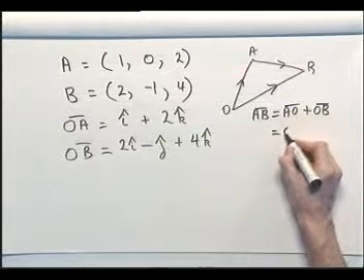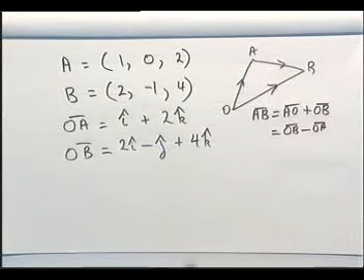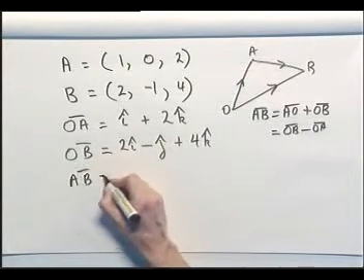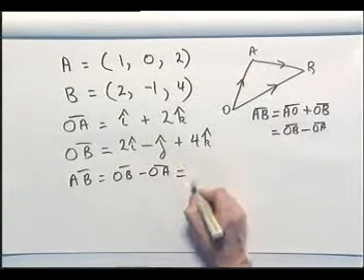And so therefore that is OB bar minus OA bar. So that's what we need to do here. AB bar must be OB bar minus OA bar.